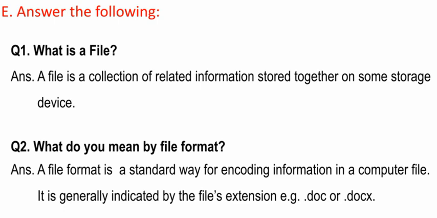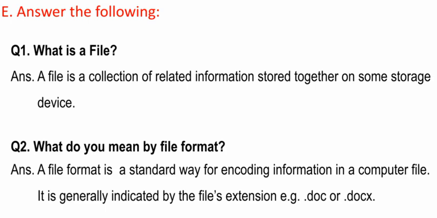Question number 2. What do you mean by file format? Its answer is, a file format is a standard way for encoding information in a computer file. It is generally indicated by the file's extension like .doc or .docx.